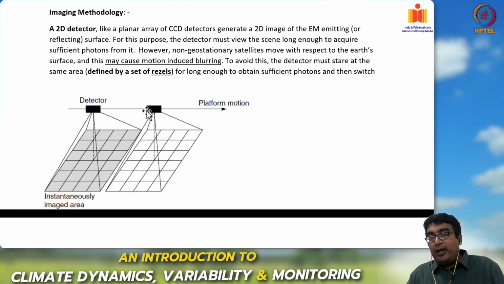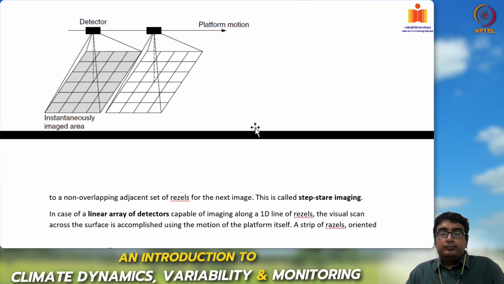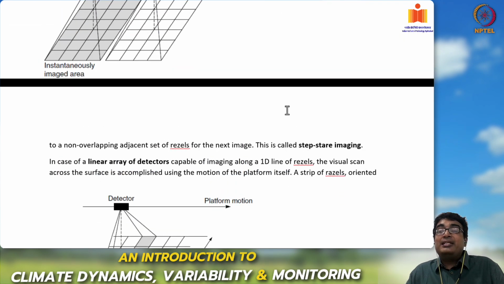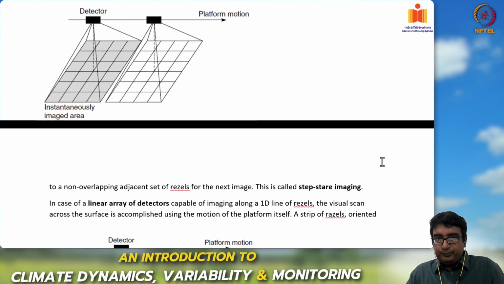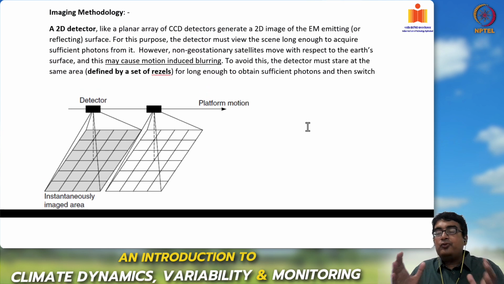Then at this point, the control shifts and it suddenly starts to look at a different area just adjacent to it and non-overlapping with it. Okay. And this is the satellite platform motion with respect to the ground. And this is the nadir point as it's moving across. So this is called the step-stare imaging technique. Okay. And this helps to eliminate motion blurring and have high resolution images by the LEO satellites.